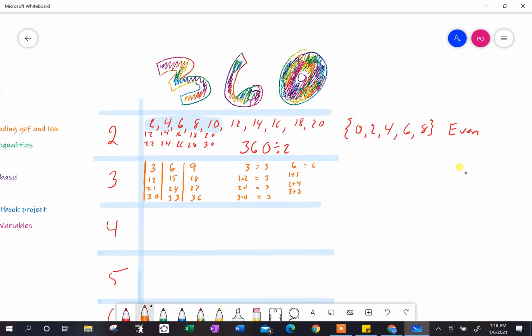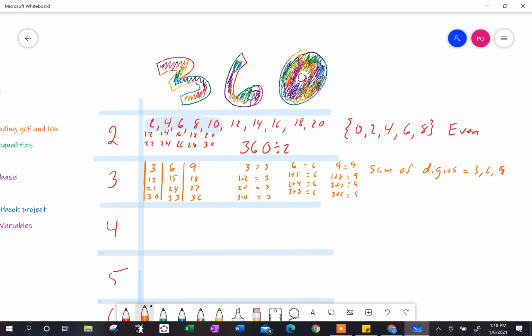Wow, the sum of the digits equals 3, 6, and let's see what happens when I have 9. 1 plus 8, 2 plus 7, 3 plus 6. Oh my goodness. So if the sum of the digits equals 3, 6, or 9, you can divide the number by 3.